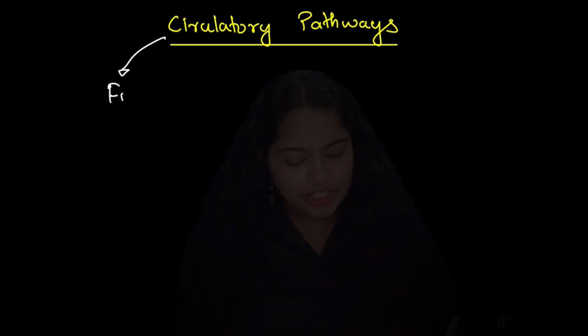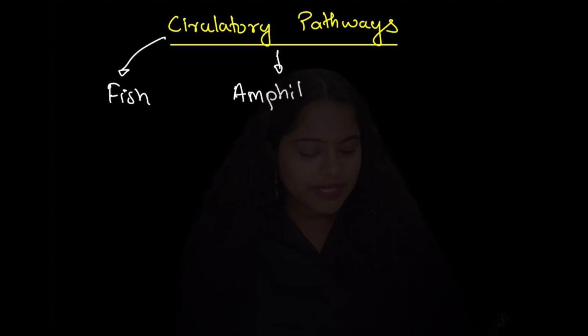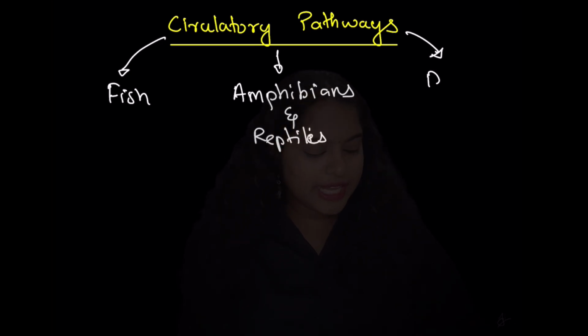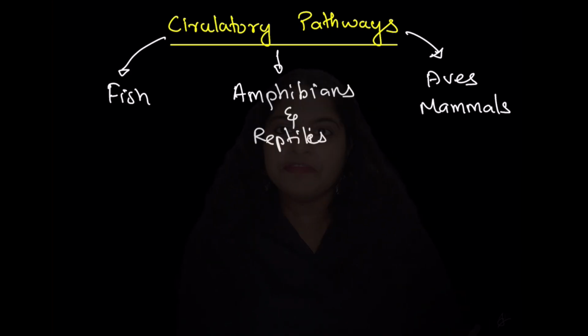We will be discussing three types of circulatory pathways here. The one which is present in fish, the second one present in amphibians and reptiles, and the third one found in aves and mammals. Fish have a two-chambered heart.